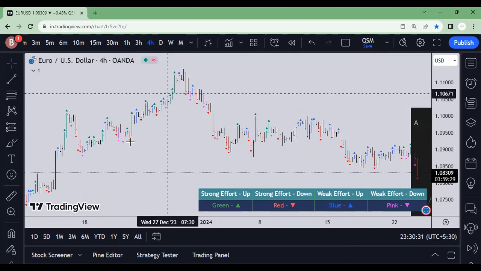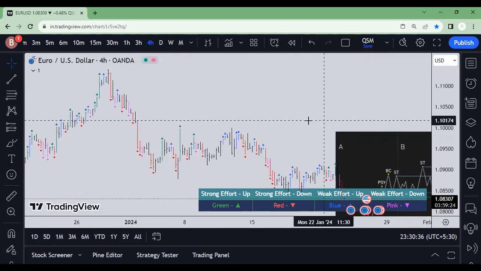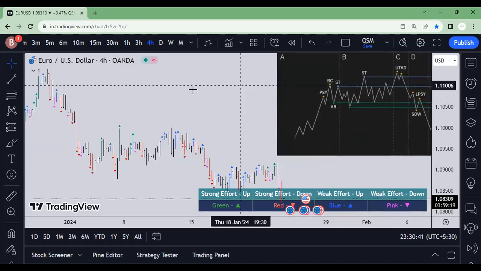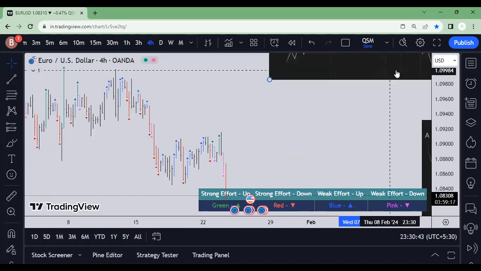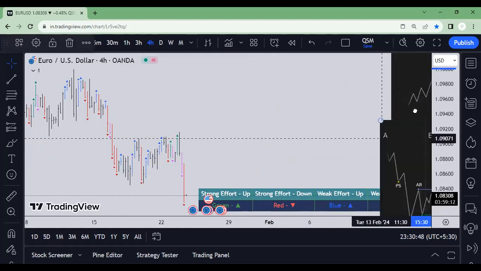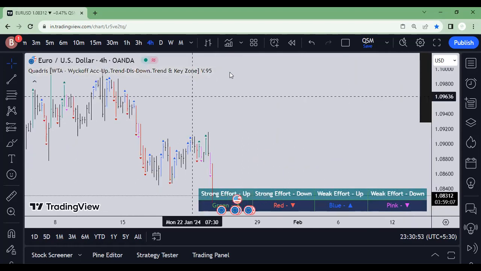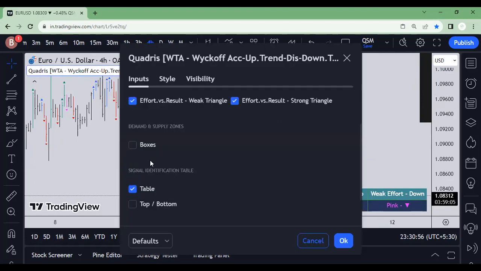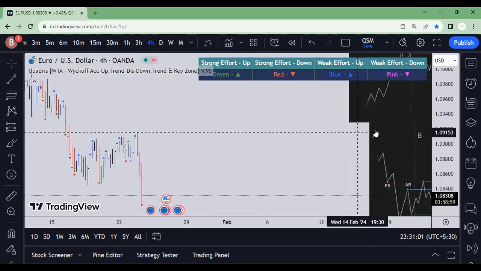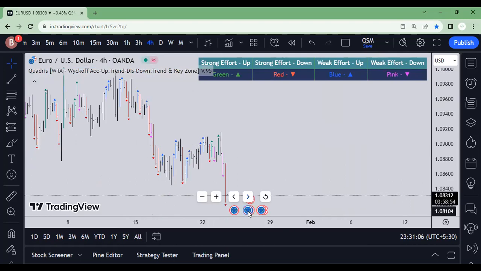So for example, this is a 4-hour chart of EUR/USD. Let me bring it upwards so that it shouldn't bother us. Let me switch this one to the higher side so that you shouldn't see any price.